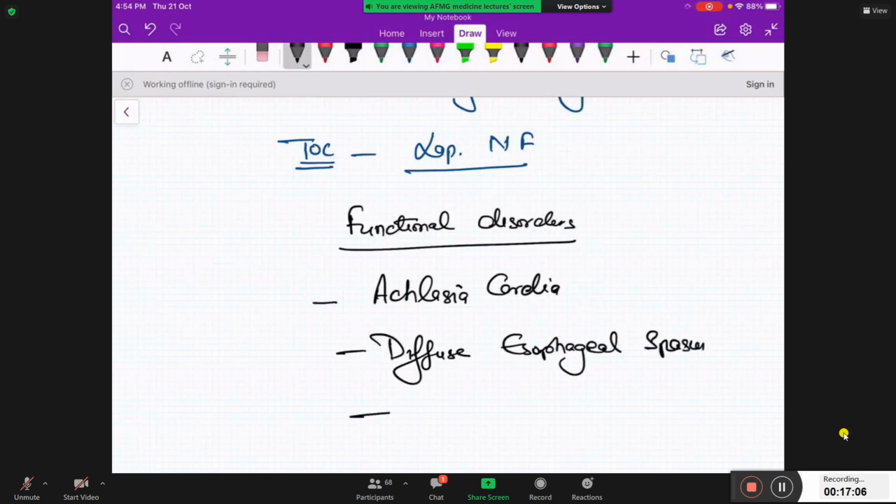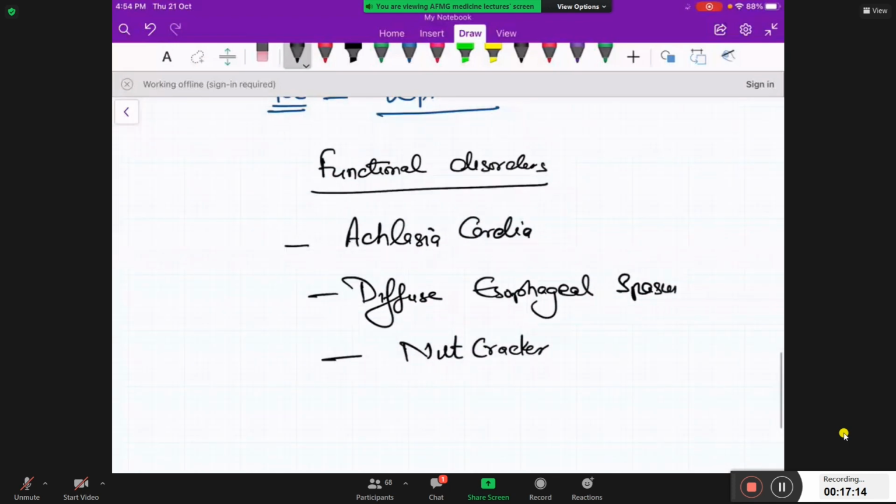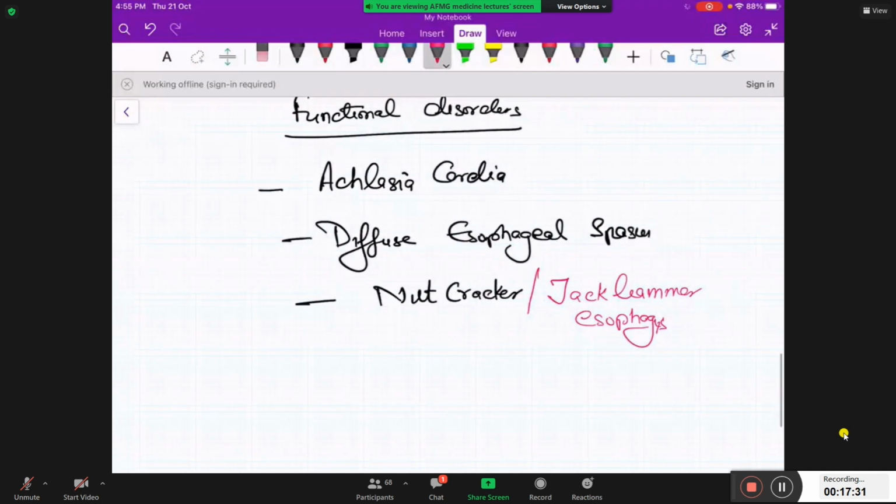Any other? Nutcracker esophagus. This nutcracker esophagus is also called jackhammer esophagus.